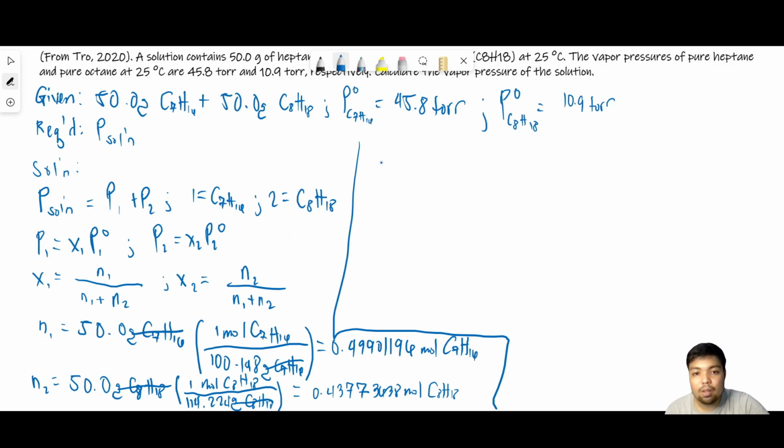So then we now have the number of moles of each component. We can now solve for their respective mole fractions. So we substitute the values into our equation for the mole fraction.